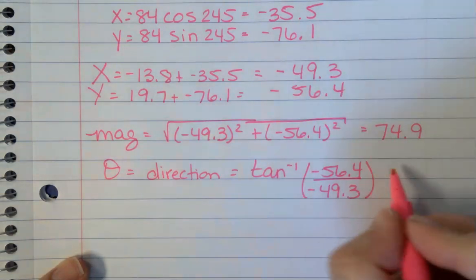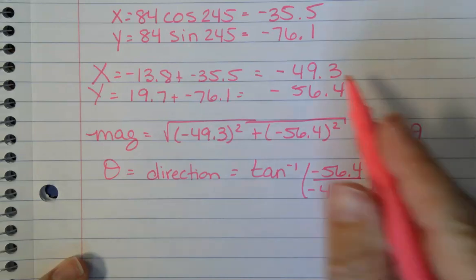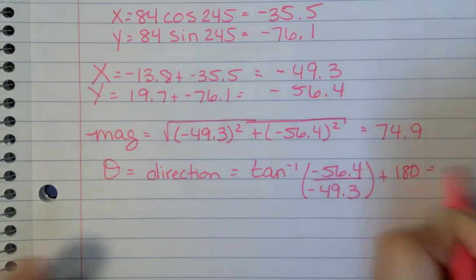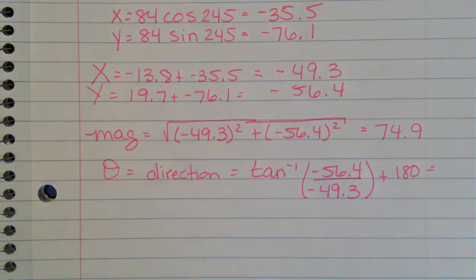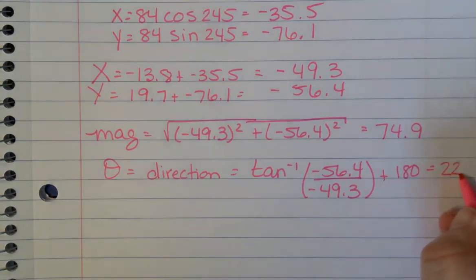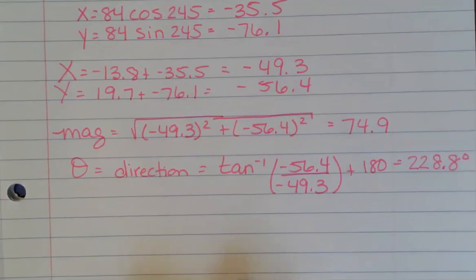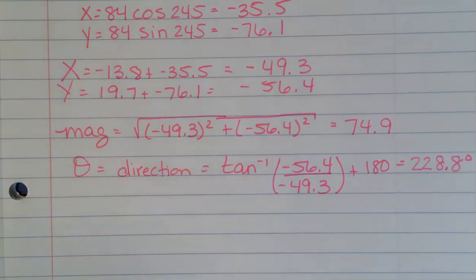And this is going to be in quadrant 3, so we add 180. Inverse tangent of 56.4 divided by 49.3 plus 180. I get 228.8 degrees. Okay, I hope this helps, and I'll see you in the last video.